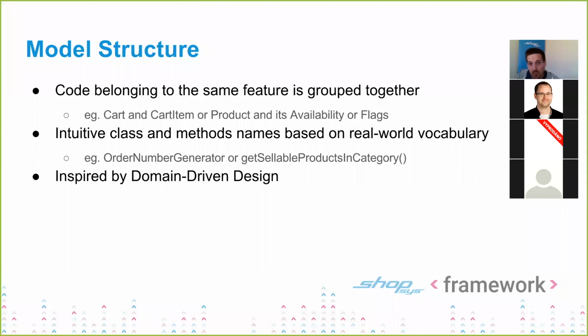Another example would be get sellable products in category, which is a method that basically returns all products that could be sold from a particular category. These concepts are inspired by domain-driven design.